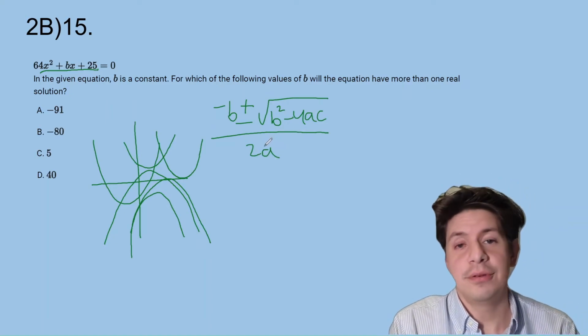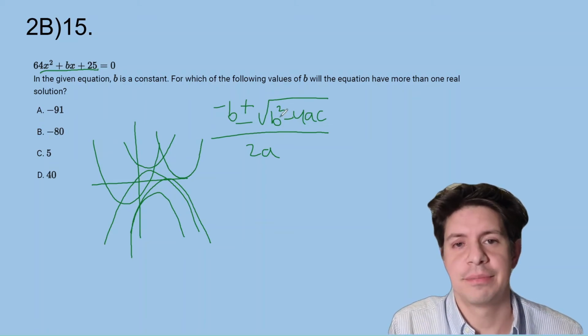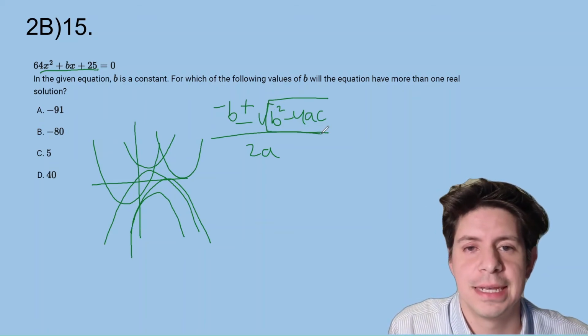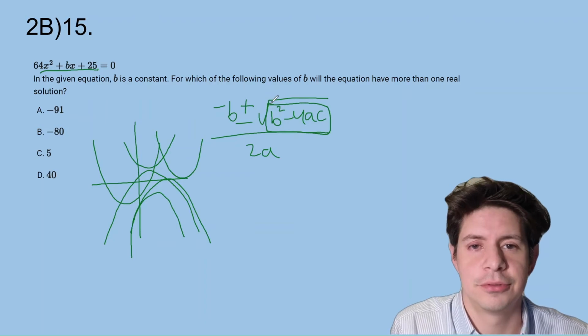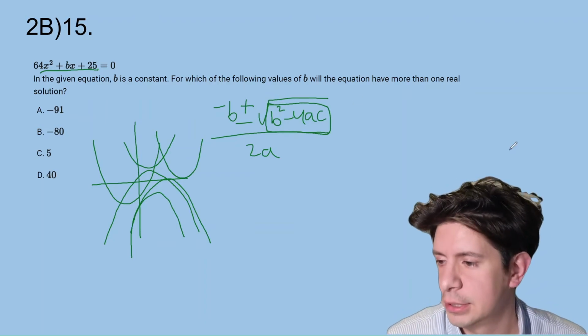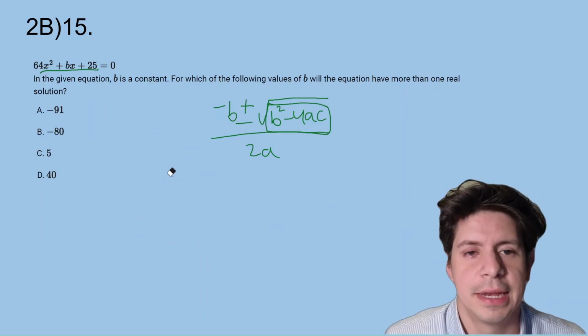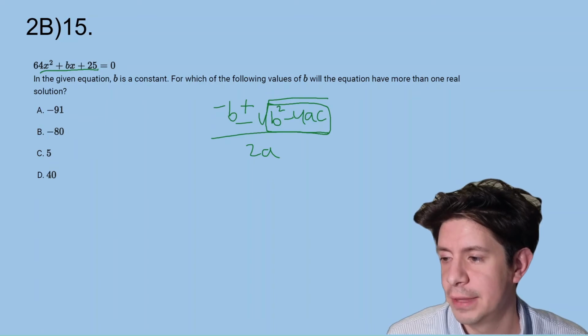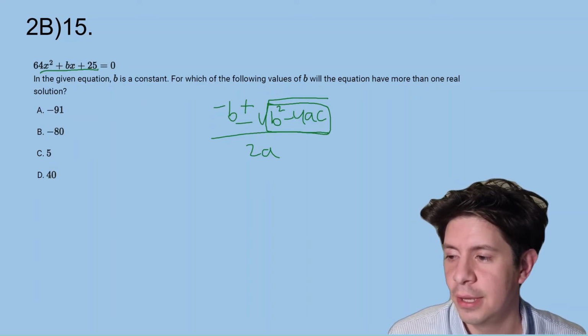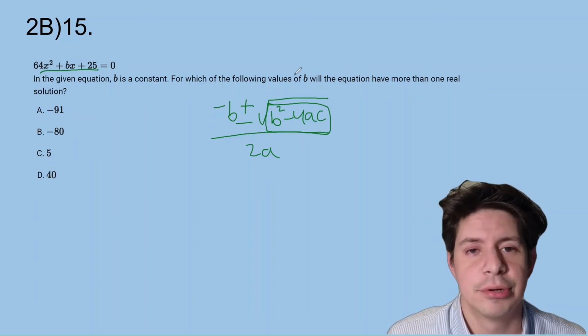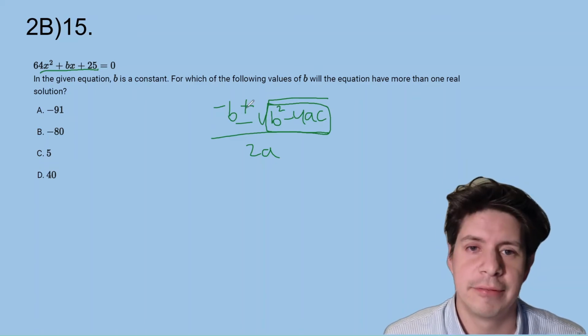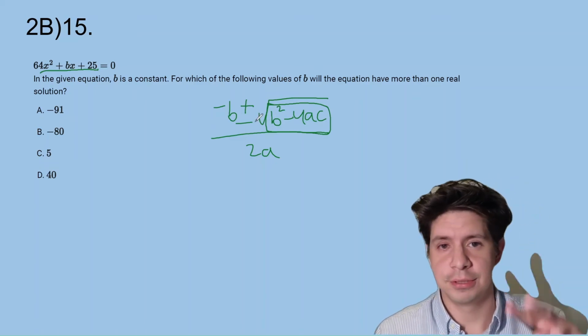And the way you know how many solutions you have is by something called the discriminant, which is just the inside part of the square root. So when we have that, you can find it based off of that. If that part is positive, then the square root would be real, and we would have a plus and minus version, so we would have two solutions.